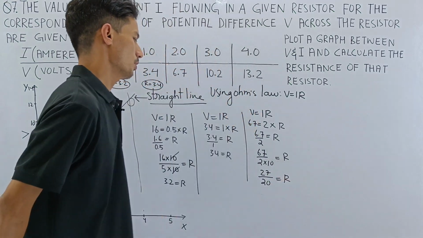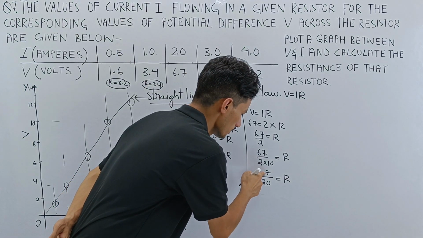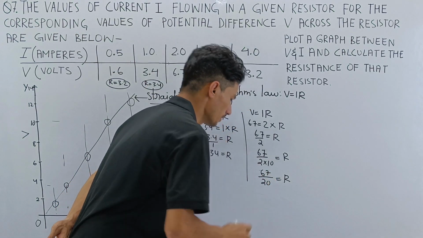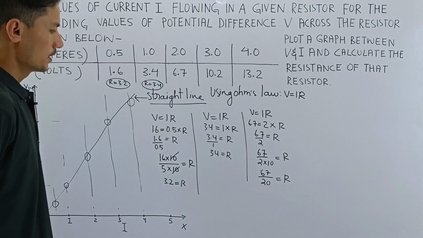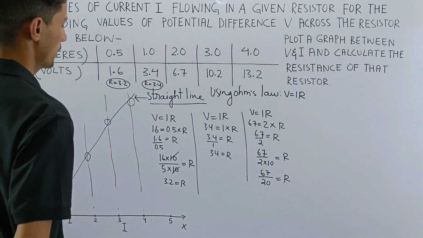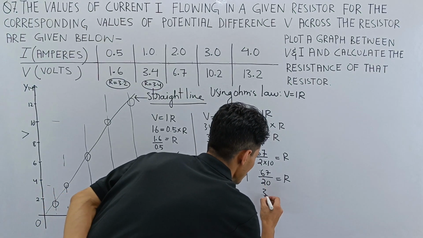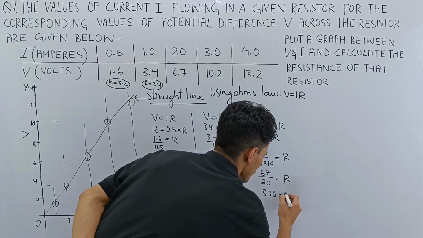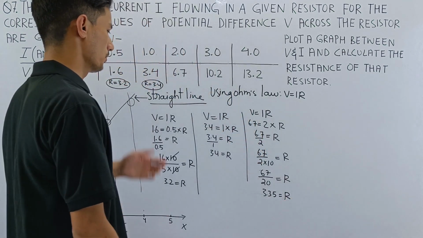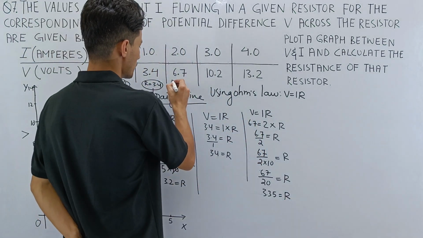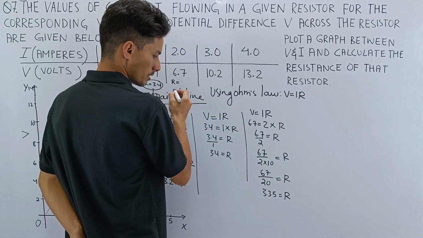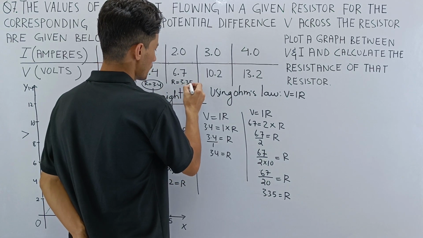So if we divide 67 by 20, what do we get? We get 3.35. 3.35 is the value of R. So R value here is 3.35.